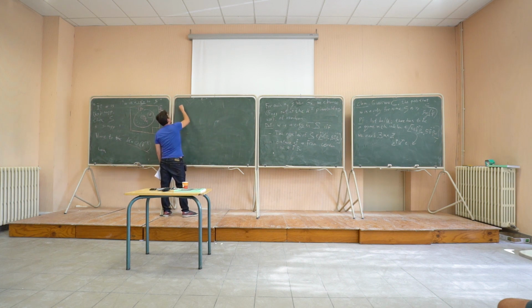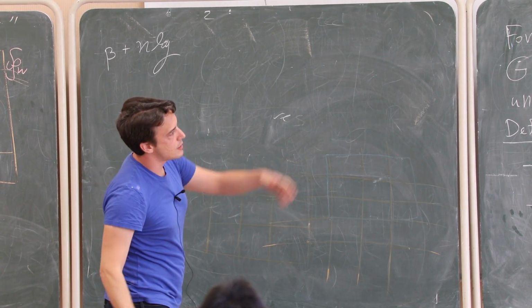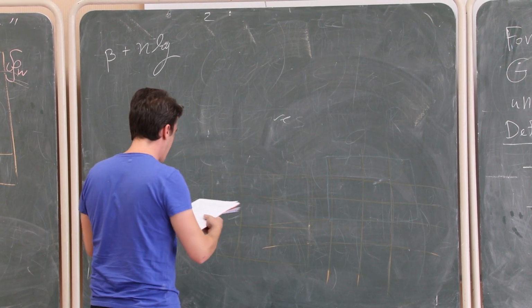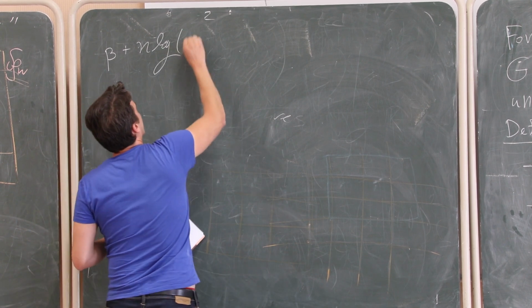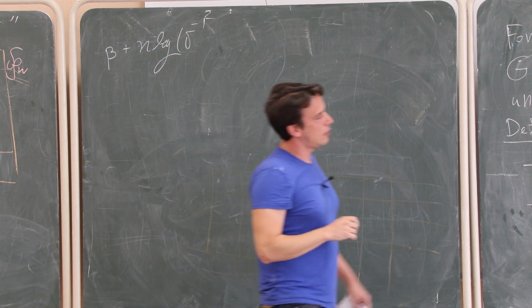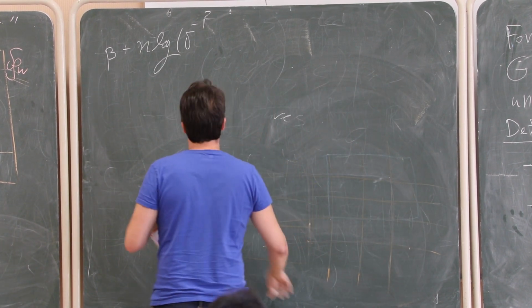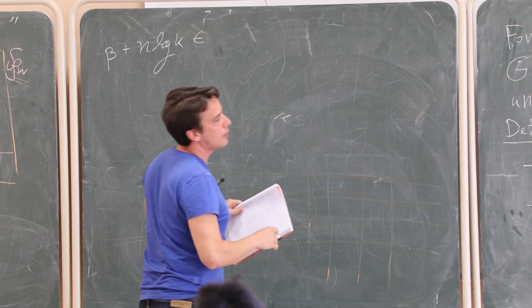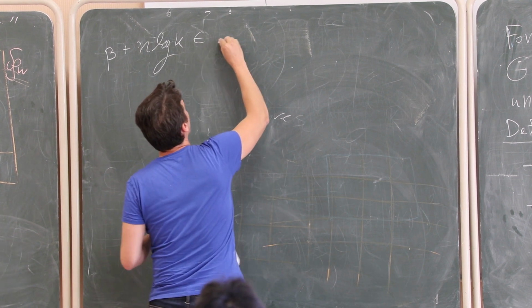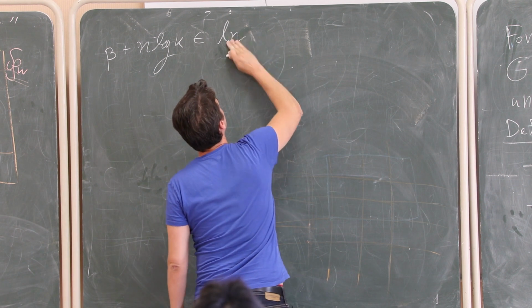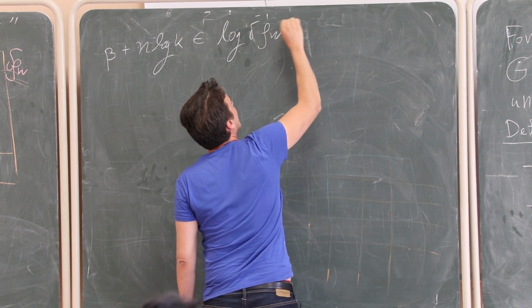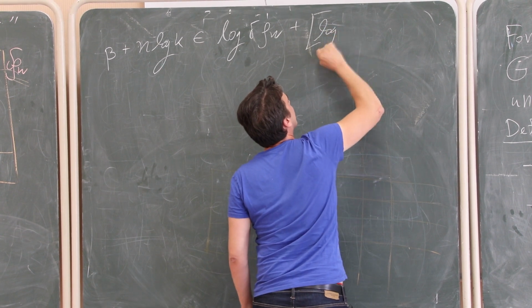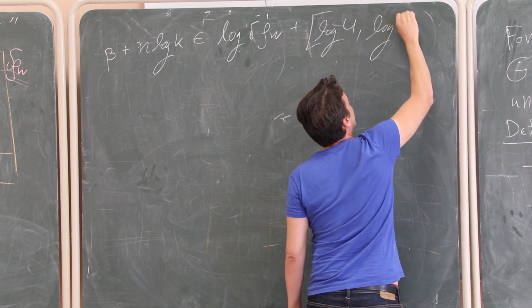So we need beta plus n log k, and I'm reminding you that K was 20 times delta to the minus 1, so let's just write log k, to be in the interval from log of delta to the minus 1 rho W plus log of 4, to log of 5.